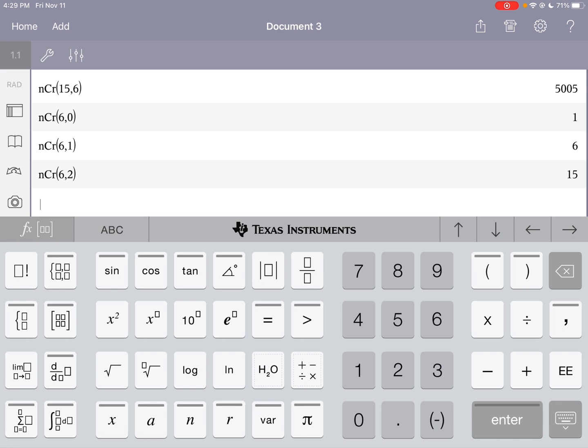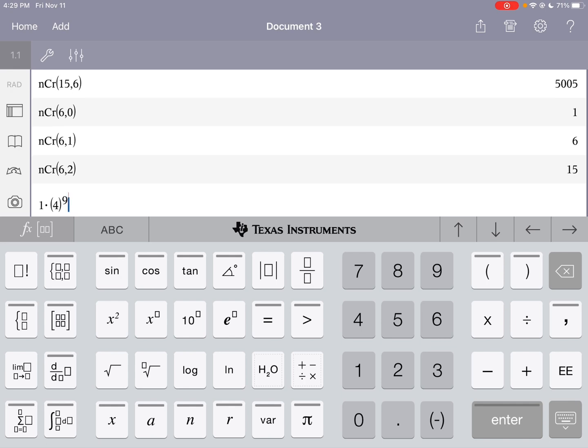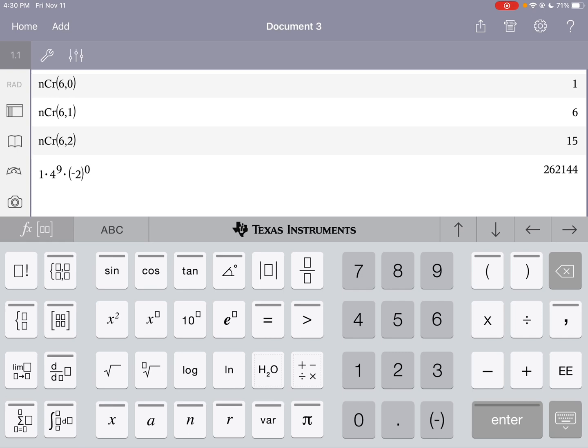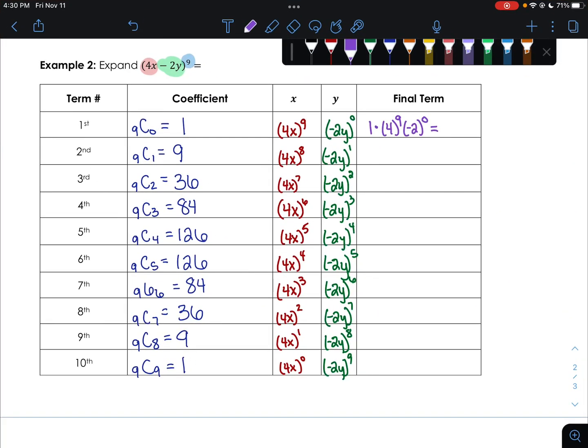We're going to type in 1 times 4 to the 9th power times negative 2 to the 0 power. Just like that, we press enter and we get this really, really big number, 262,144. And that would be x to the 9th power.